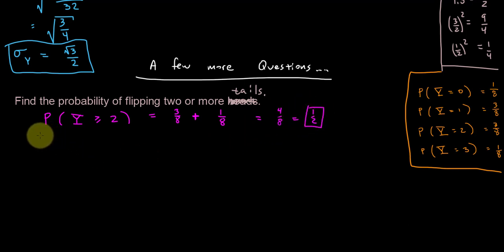Let's do that again. This time I'm going to ask the question, but not with words, but with notation only. Let's find the probability that our variable is greater than 2.